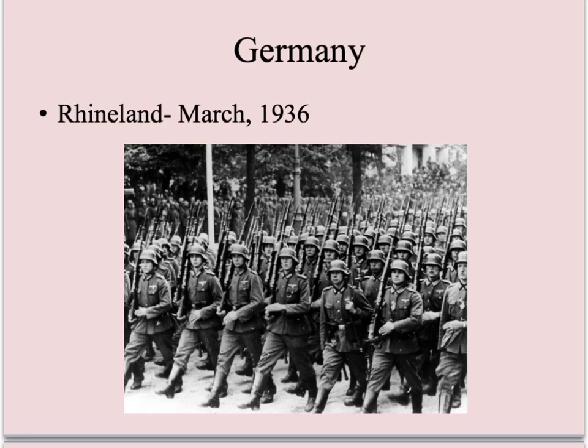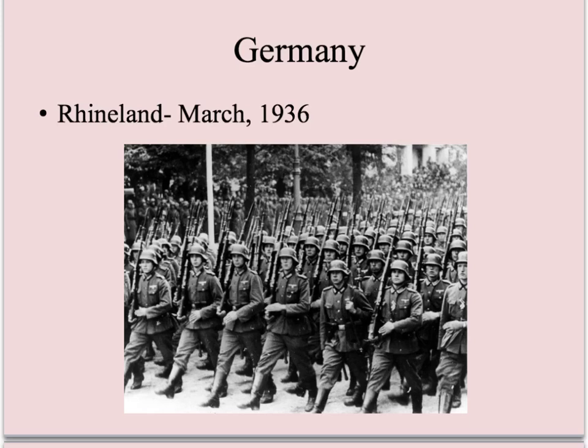In March of 1936, Hitler does send troops into this demilitarized zone, the border between Germany and France, the Rhineland. And at the same time, he denounces the Treaty of Versailles.